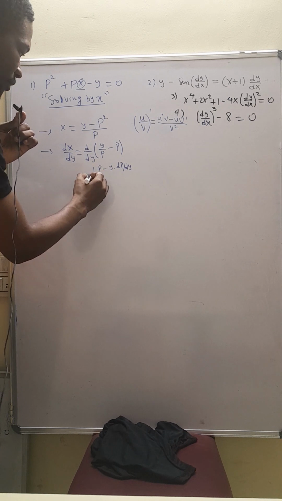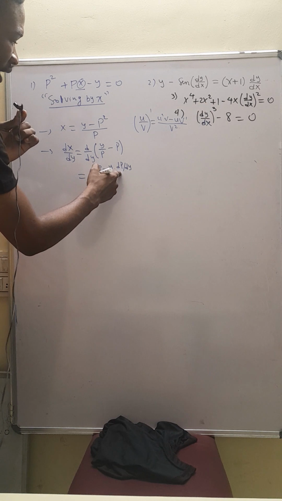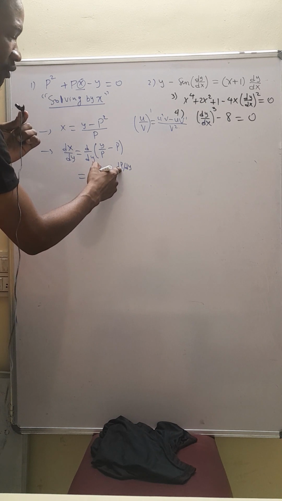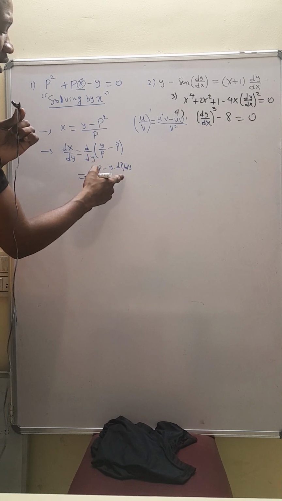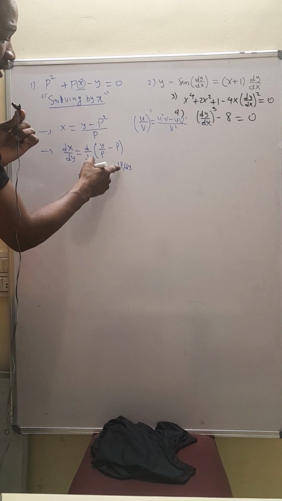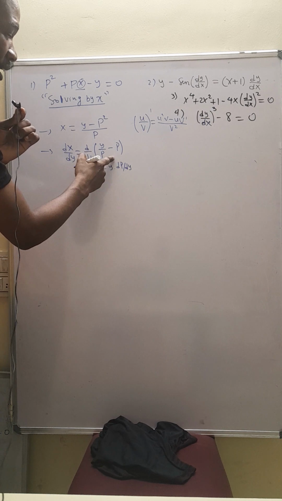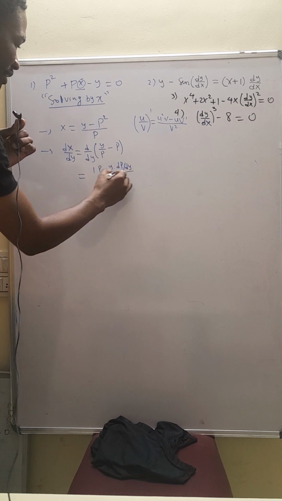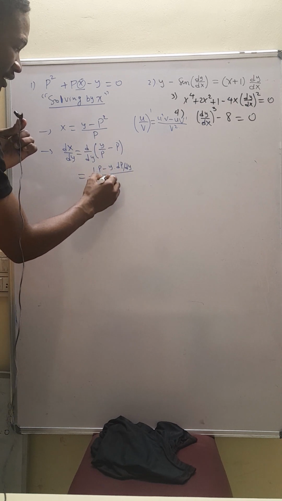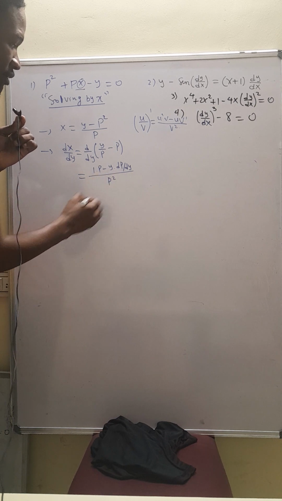We cannot say that this is 1. We just know that p is a function of y, so it is at some point a derivative of y, but it is differentiated by y also. We do not know what dp by dy is, so we just keep it like this, then divide by p squared.